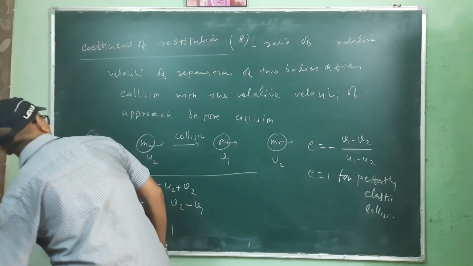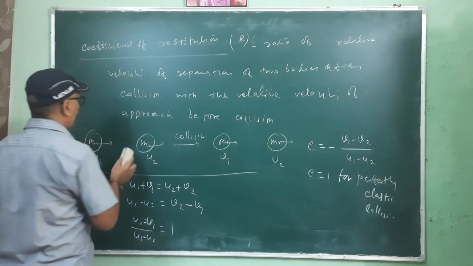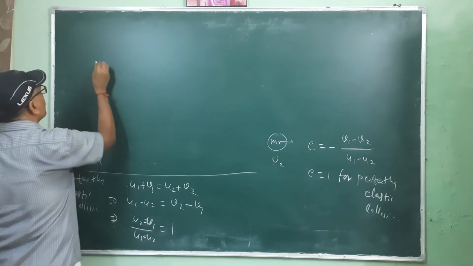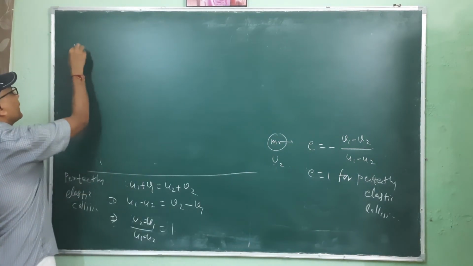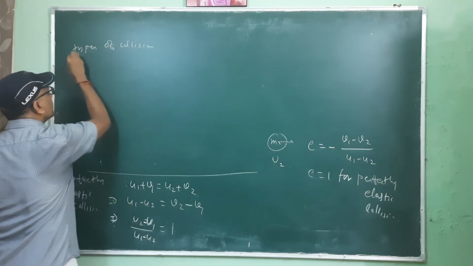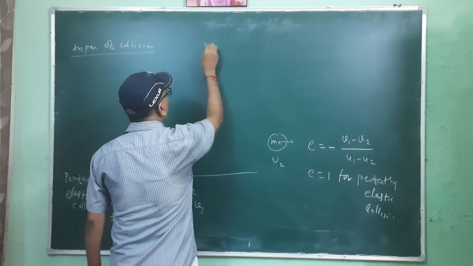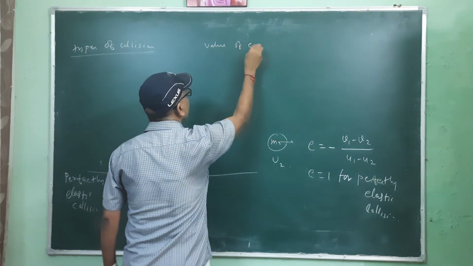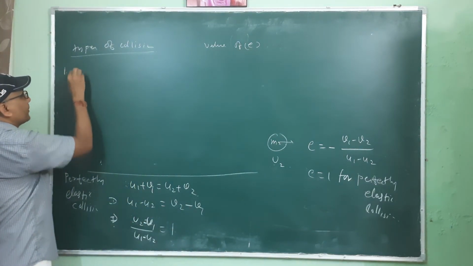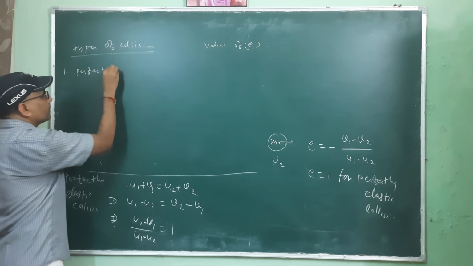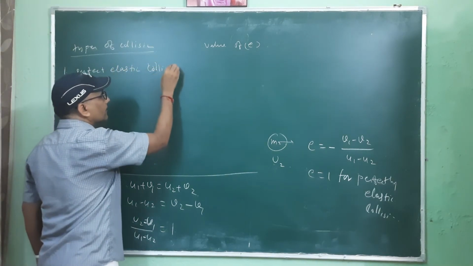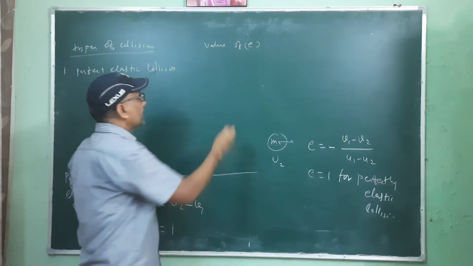Okay, so we can have a table for this e value for different types of collisions. Types of collision, and value of e. First, for perfectly elastic collision, this e is equal to 1.